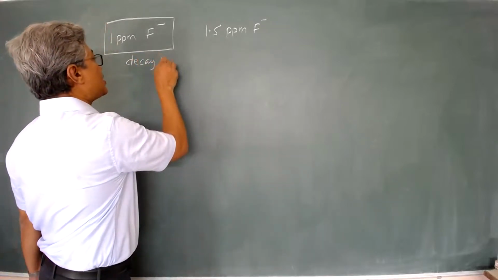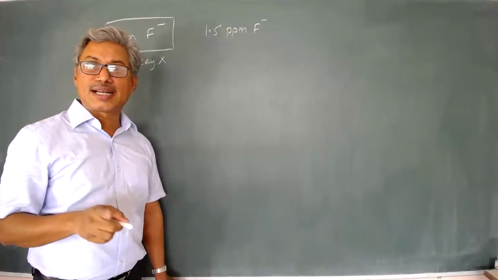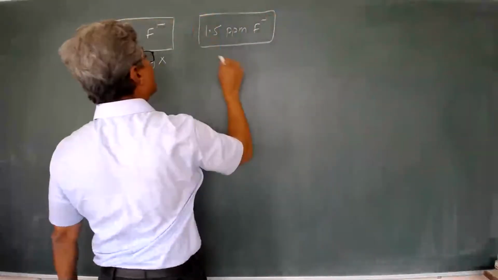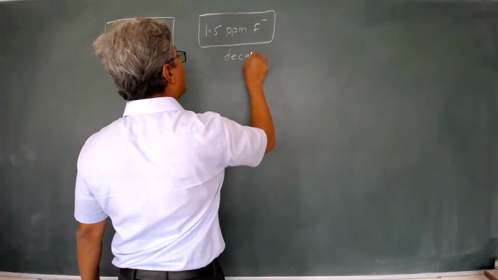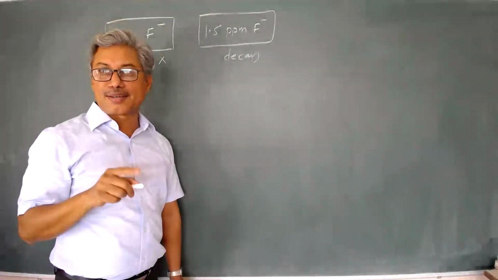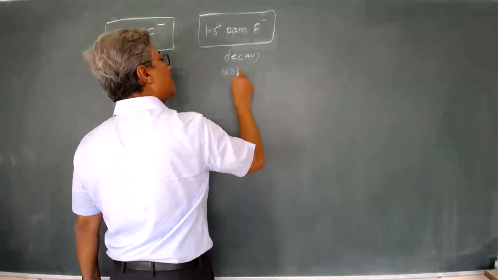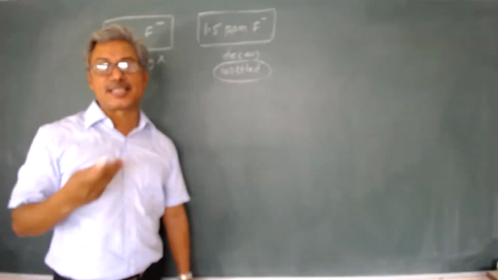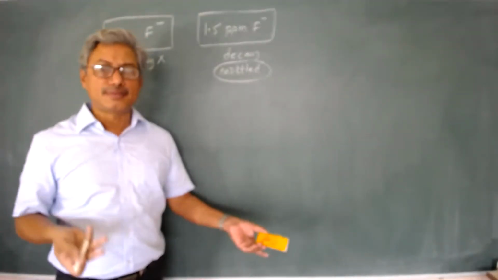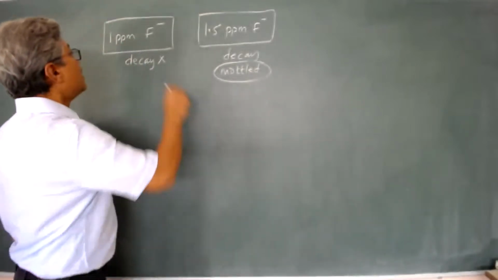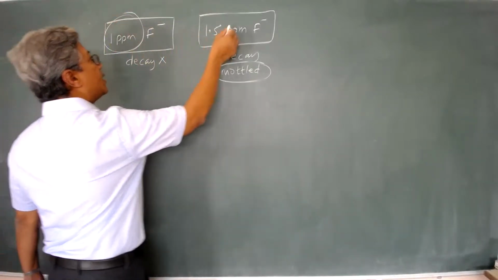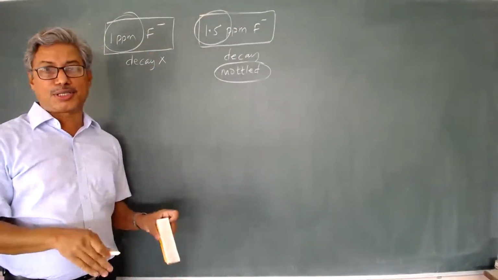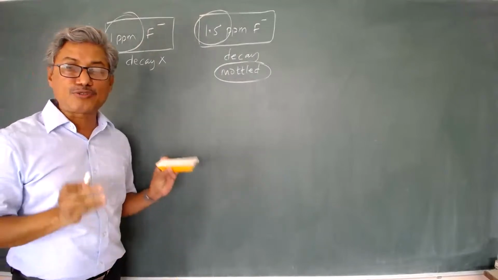Decay is not possible if the fluoride ion concentration is 1 ppm. And if it is 1.5 ppm, mottling will take place. Can you remember that particular word? Mottled. That means the tooth may change its color, develop colored patches, or start decaying. It means the concentration, the quantity of fluoride ion in the solution, is of more importance.